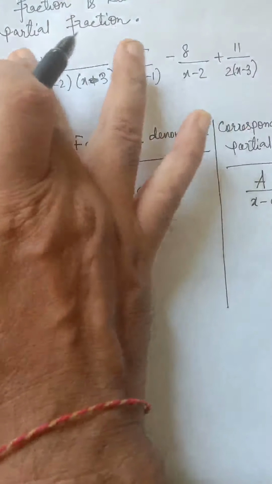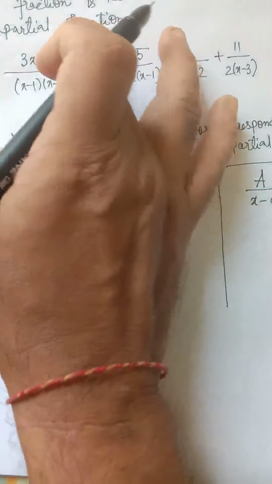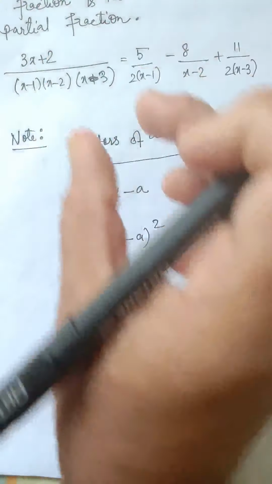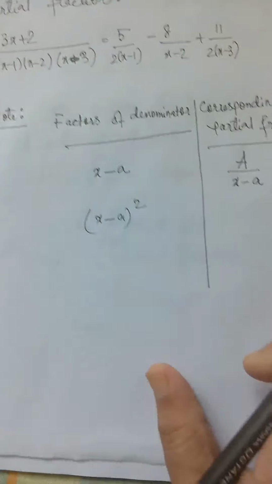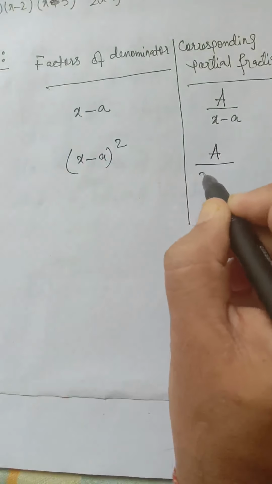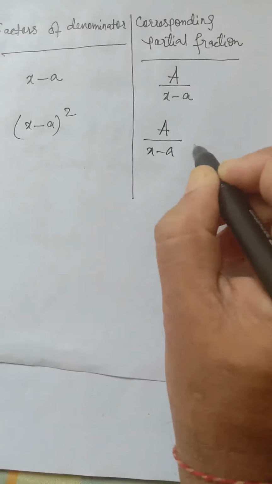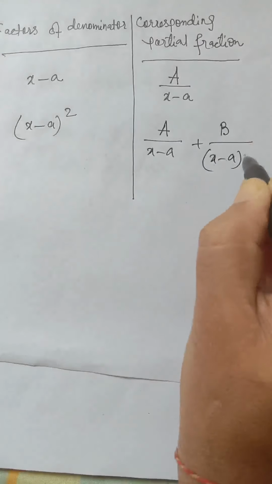Then the corresponding partial fraction will be A by (x - a) plus B by (x - a) whole square.